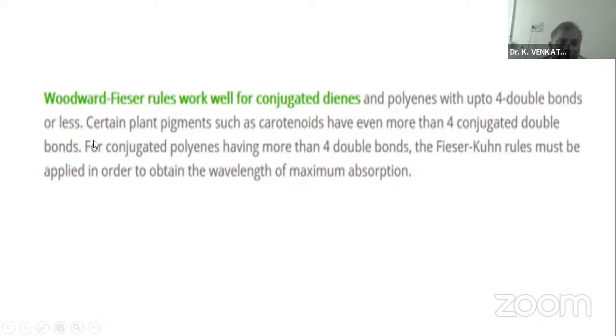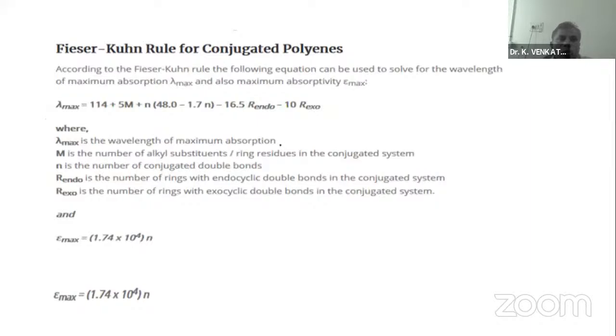Certain plant pigments such as carotenoids have even more than 4 conjugated double bonds. For conjugated polyenes that have more than 4 double bonds, Fieser-Kuhn rules may be applied in order to obtain the wavelength of maximum absorption. So here this is the Fieser-Kuhn rule for conjugated polyenes.